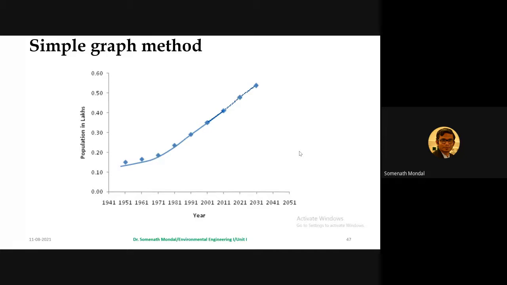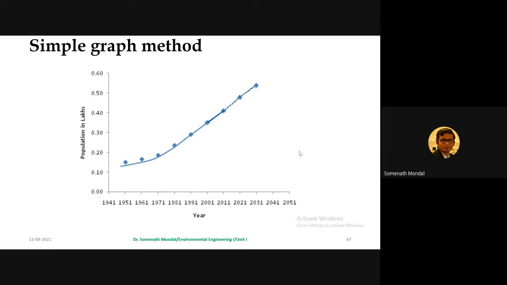Up to that we have obtained the smooth curve which is plotted over here, and then as you are asked to obtain the population of 2021 and 2031, it can be obtained by simply extending that particular curve further. But this extension should be done carefully, and it requires proper experience and judgment.